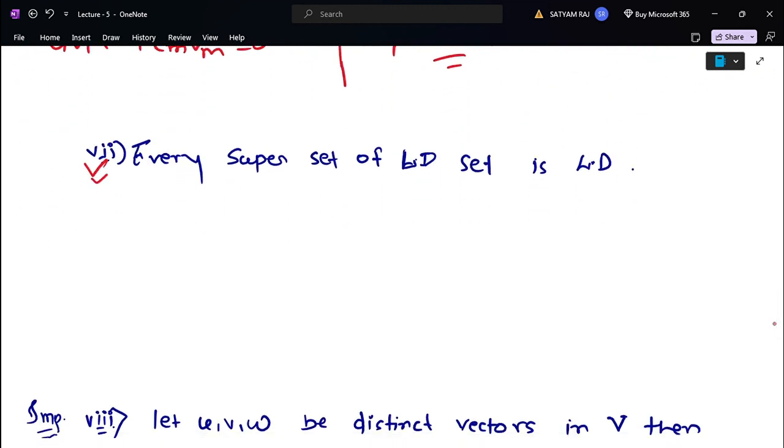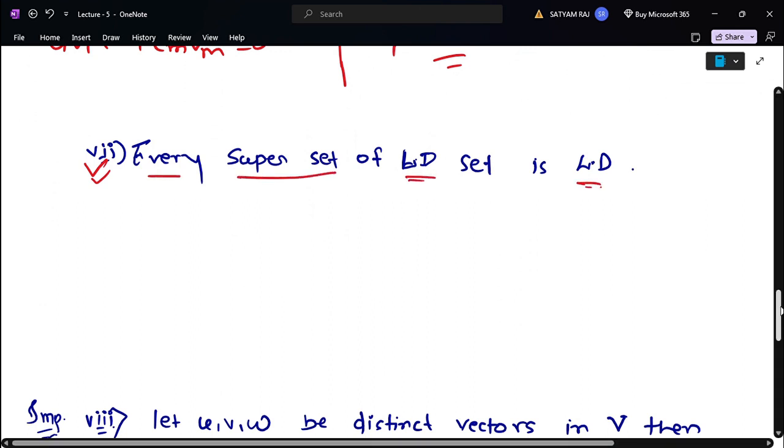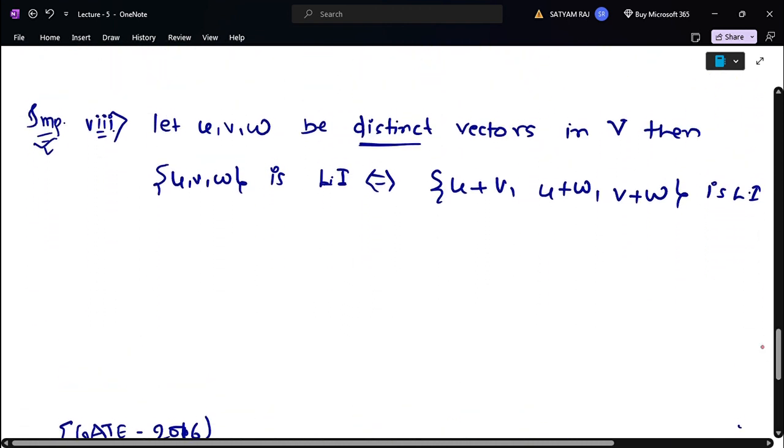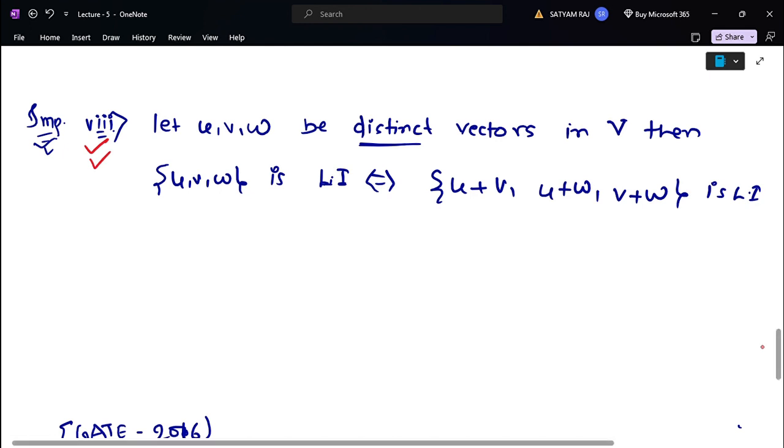Similarly, we can easily prove that every superset of a linearly dependent set is linearly dependent. Please try. Okay, now this is very important. We have three distinct vectors, and we have an LI set made by three distinct vectors.